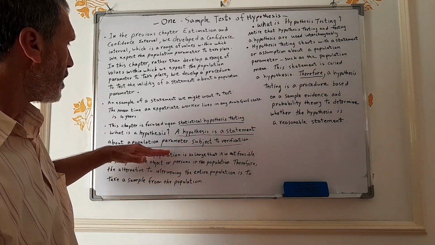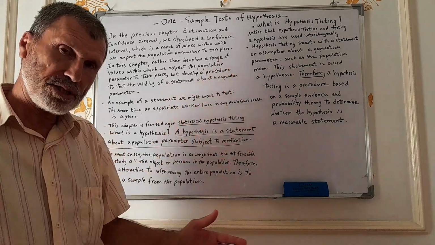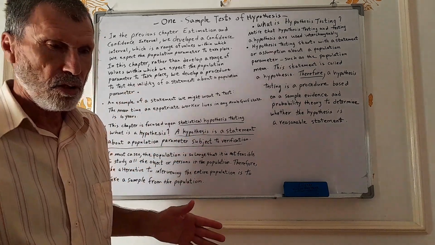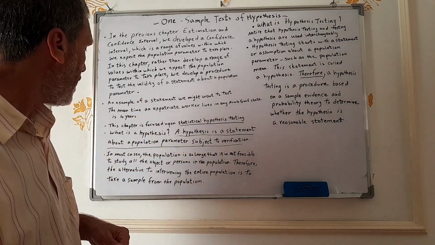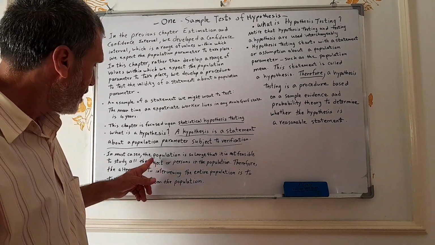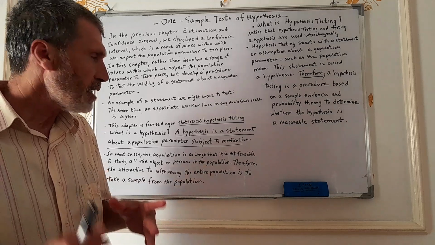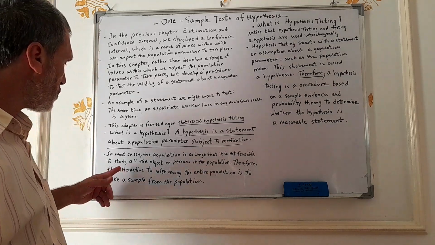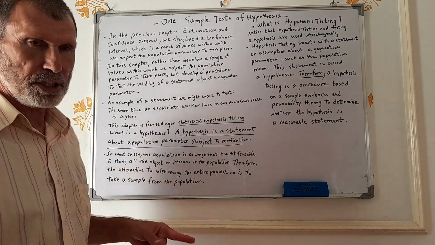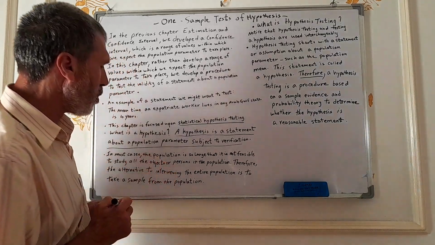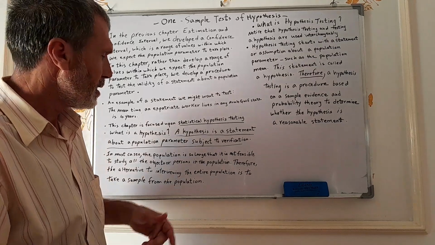The mean of the population, subject to verification. As you know, in most cases, the population is so large that it is not feasible to study all the objects or persons in the population.